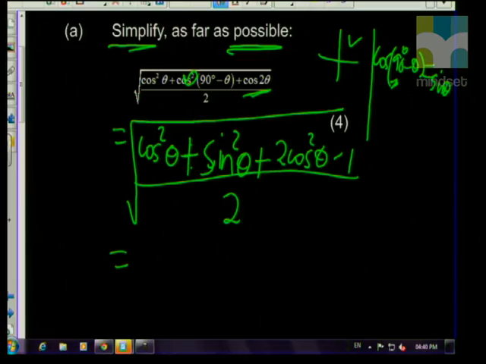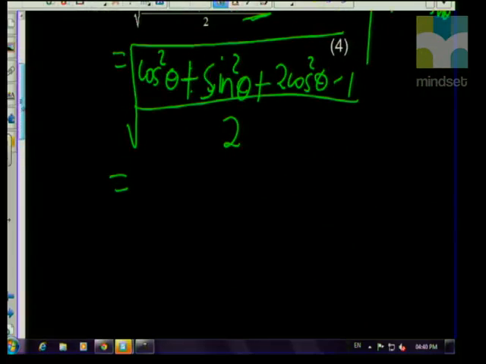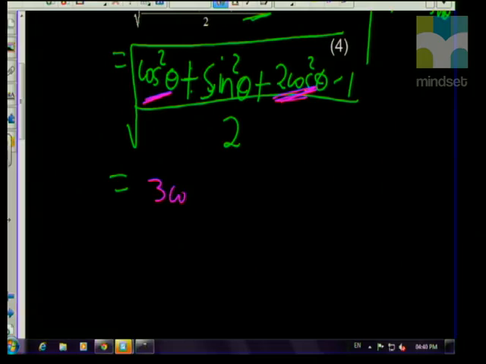Okay, right? Now, we proceed with our problem. Right, guys, you've got cos squared theta. Now, cos squared theta plus 2 cos squared theta, those two are like terms. So 2 cos squared theta plus 1 cos squared theta, this gives us 3 cos squared theta. All right? So now I have sine squared theta minus 1.